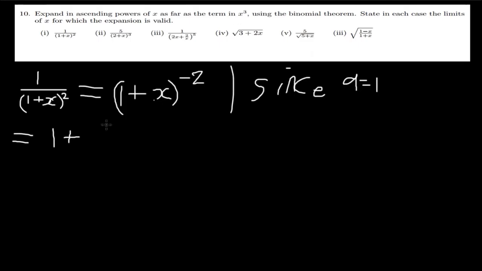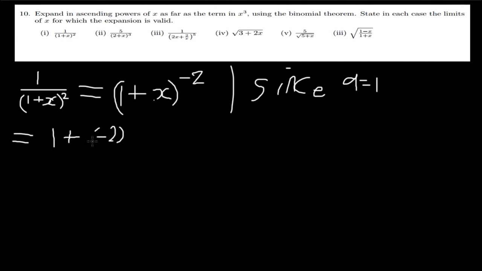So this is going to be 1 plus nx. My n here will be -2, so I'm going to put -2 here in brackets.